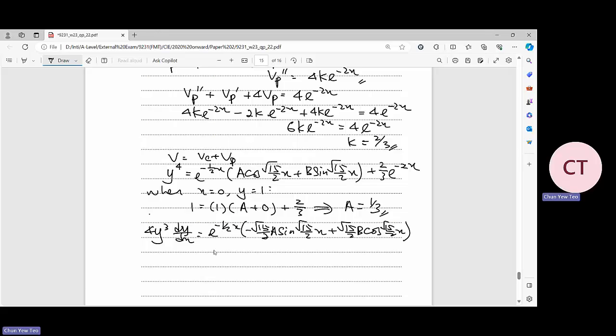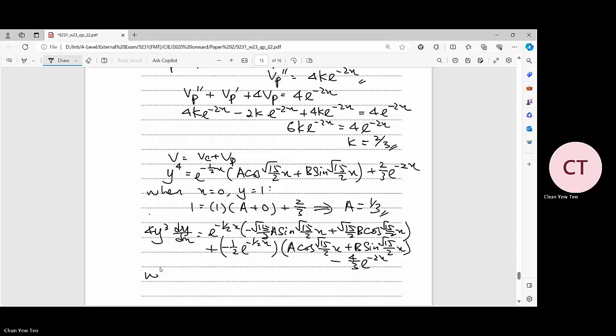Keep the left, differentiate the right, plus keep the right, differentiate the left. Keep the right hand side, just copy it down. It's kind of long over here, so you have to be very careful when you write down the expression. Minus 4 over 3 e^(-2x).